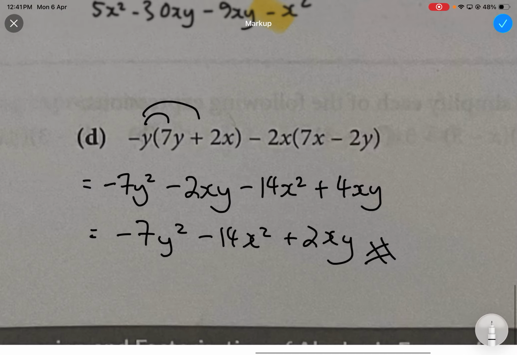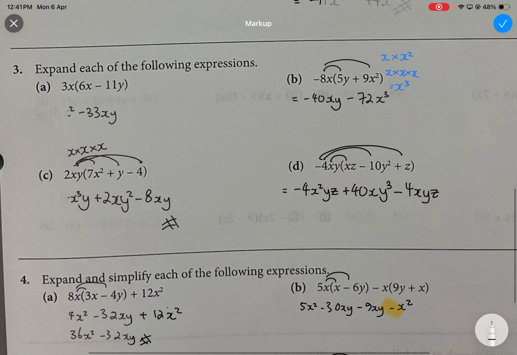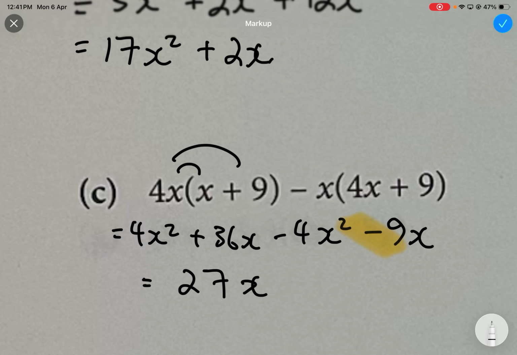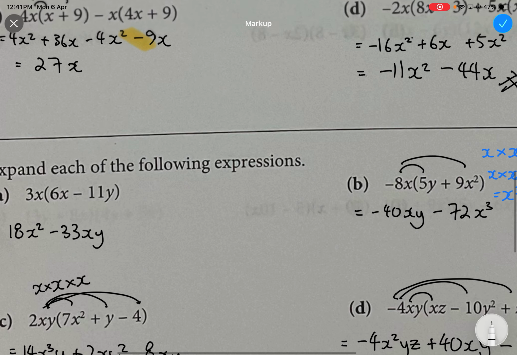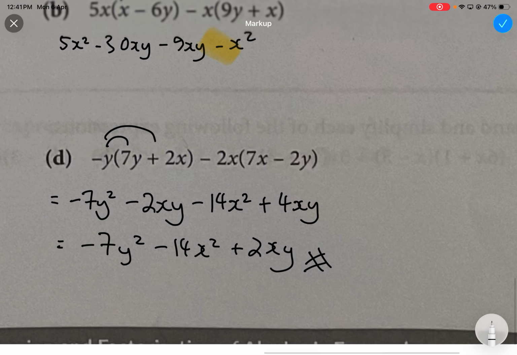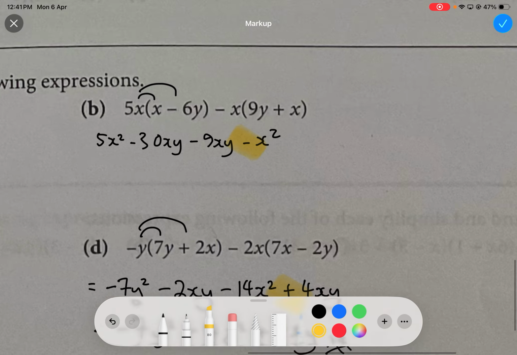Same, like where I highlighted just now. It's always this minus of the second item that you all never change the sign. Same here. Here also need to change the sign. Minus will change this minus to plus.